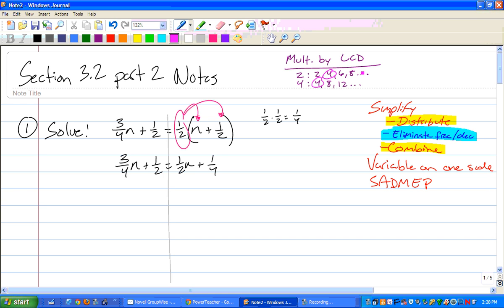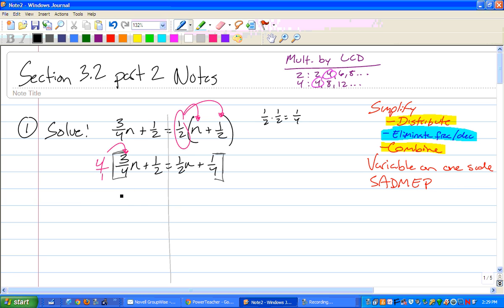Notice they both go into 8, but we want to work with smaller numbers, so that's why we're using the LCD. So we're going to be multiplying everything here by 4, and technically that's 4 over 1.